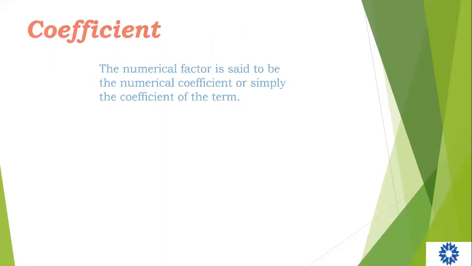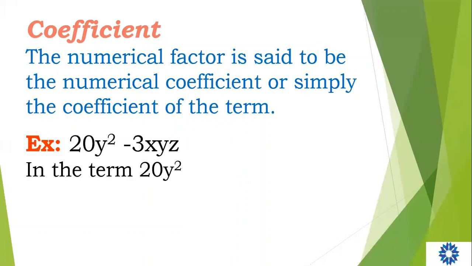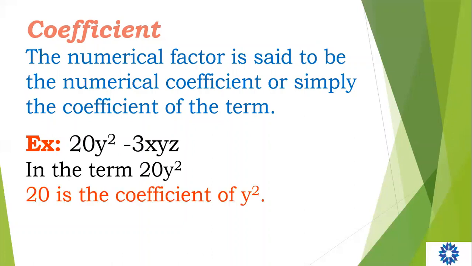Coefficient. The numerical factor is said to be the numerical coefficient or simply the coefficient of the term. For example, 20y square minus 3xyz. In the term 20y square, 20 is the coefficient of y square.